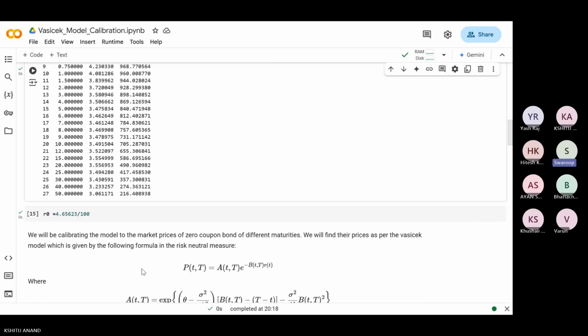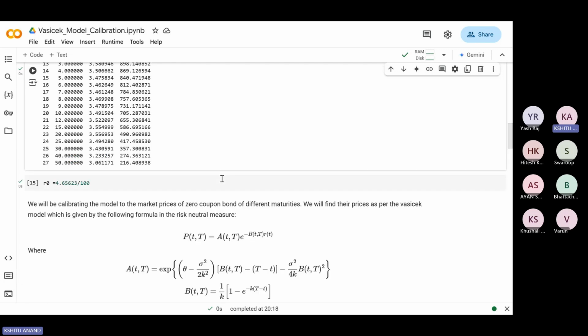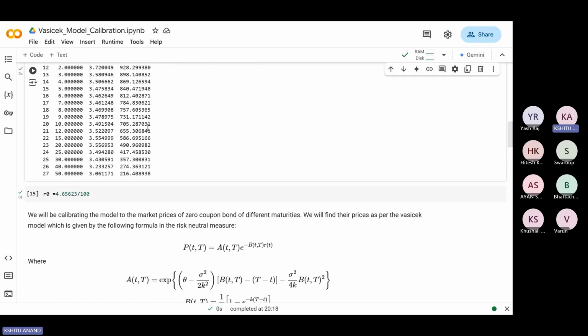Okay. So now we are calibrating to the market prices of the zero coupon bond. As we already know, under the Vasicek model, in the risk neutral measure, the formula for the zero coupon bond price is A times e to the power minus B times r. We have the current zero coupon bond prices, that means the prices right now, so small t will be zero.